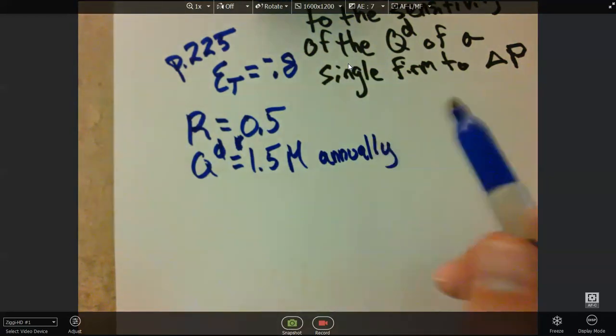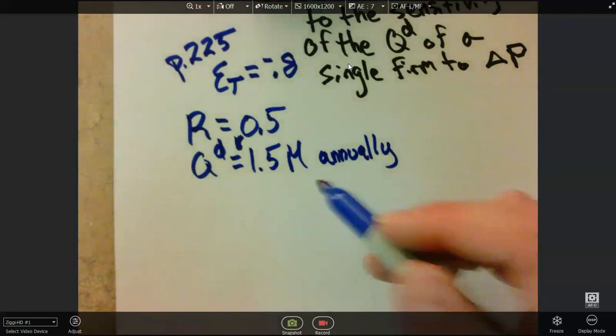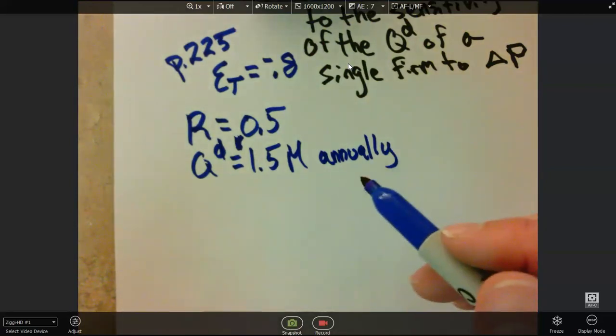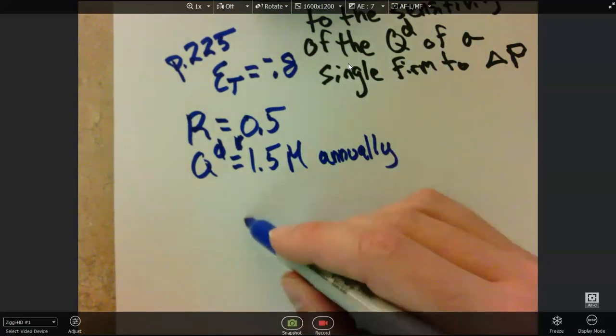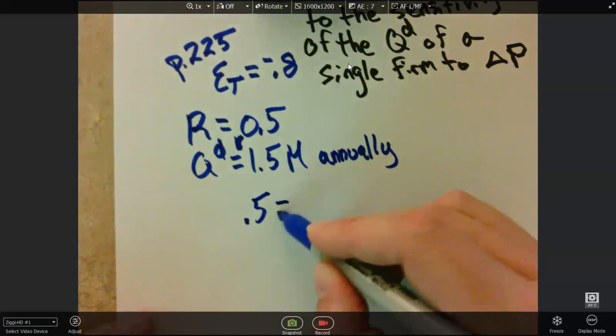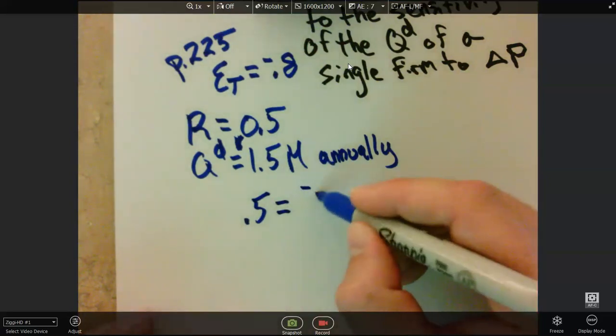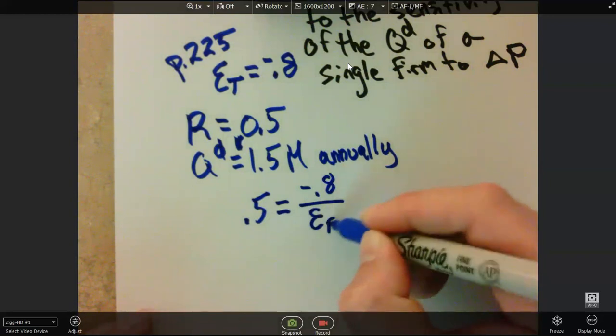So how do we get at tackling this? Where do we start? Well, let's figure out the elasticity for the representative firm in the industry. Since 0.5 is the R, that's going to be equal to negative 0.8 divided by the elasticity of the firm.